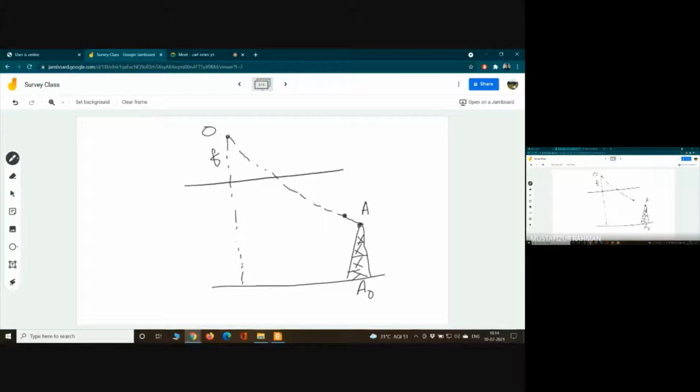So this is going to be our A point. This is going to be our A naught point. So even though these capital A and A naught are in the same vertical line in reality in the ground, in the photograph we don't see them in the same position. There is a displacement. So this displacement is relief displacement.